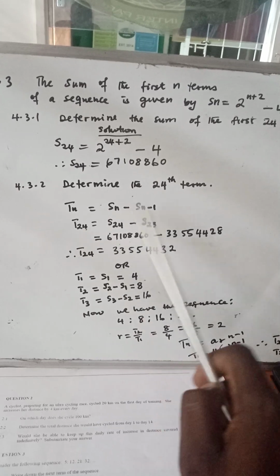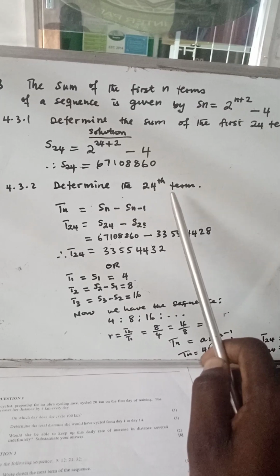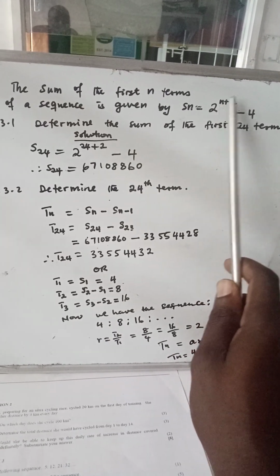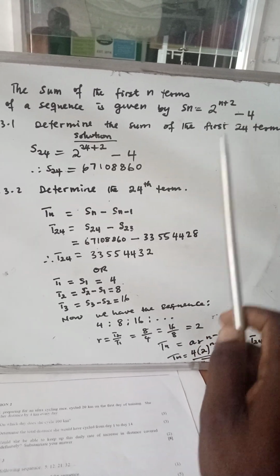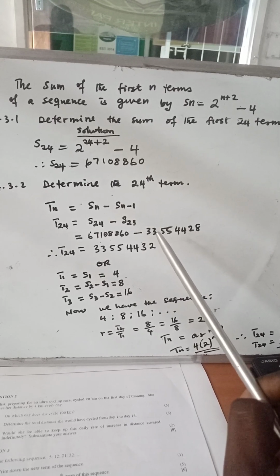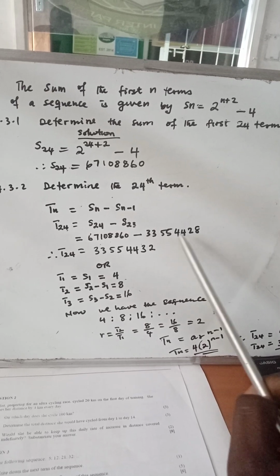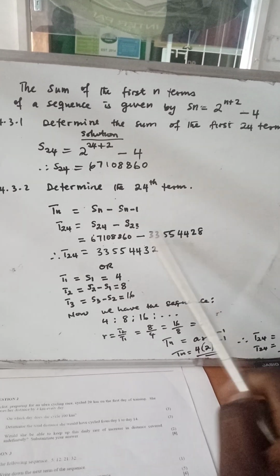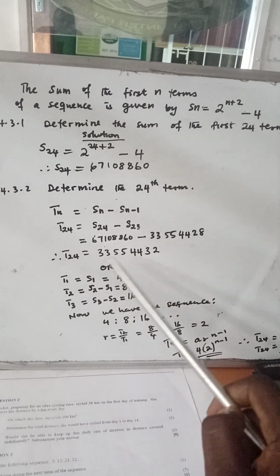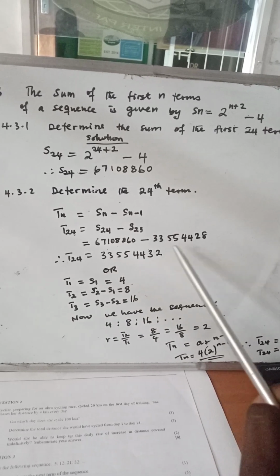Take note of that. So I have to calculate my S23 also by substituting 23 into this formula to be 2 to the power 23 plus 2, then minus 4. I press my calculator and it gives me 33,554,428. I subtract it from 67,108,860, and my answer gives me 33,554,432.